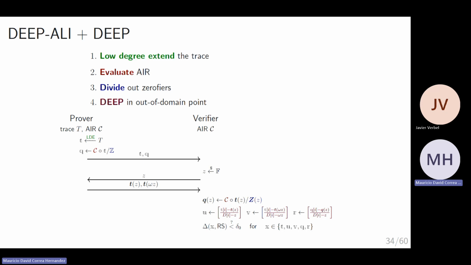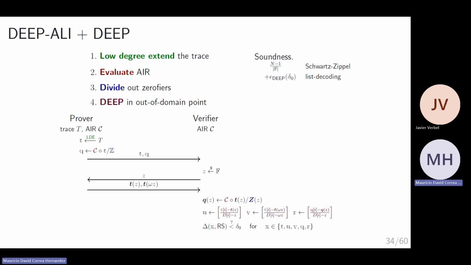So in summary, DEEP-ALI plus DEEP is: you low degree extend the trace, evaluate the error, divide out the zerofiers, apply DEEP at random out of domain points, and the soundness is all the terms we accumulated previously plus the soundness error that we accumulate from DEEP. Well, previously, we accumulated only one term, but you can imagine that going forward in tomorrow's lecture, this expression will become a little more complicated.